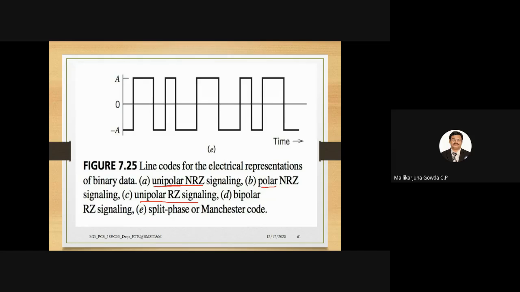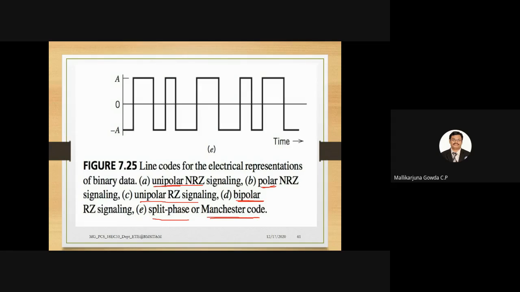Similarly, next one is polar. In that again I can say two things: polar non-return to zero, then polar return to zero. Next one is bipolar. In that again I can say bipolar non-return to zero and bipolar return to zero. Then the last one is the split phase, also known as Manchester code.